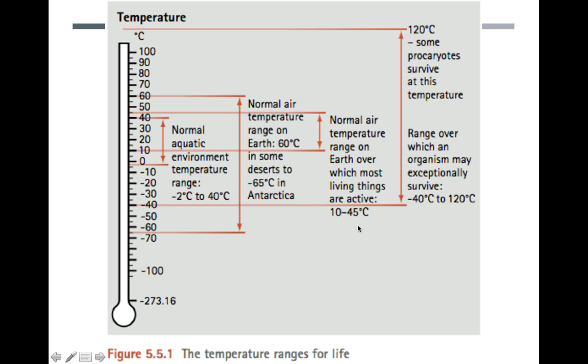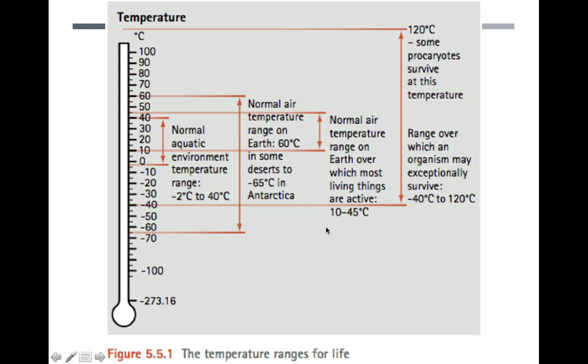And this is just another little summary to help you guys visualise that. So the temperature ranges for life on Earth, again, start around -70 degrees and go to above 100 degrees. The normal aquatic environment is from about 0 to 40 degrees, so that's the general temperature range that aquatic organisms are living in.